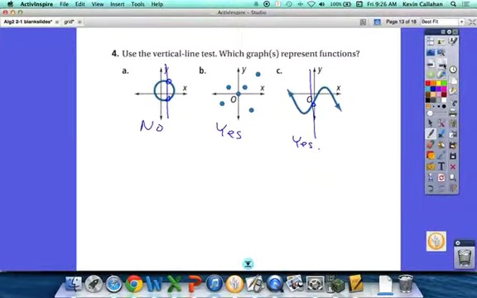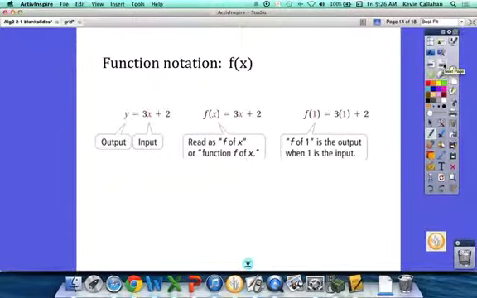Okay. So the last thing that we talk about is called function notation. Now that we know what a function is, we have function notation, and it's specifically for equations. Right, this y equals 3x plus 2. In function notation, you would say f of x equals 3x plus 2.